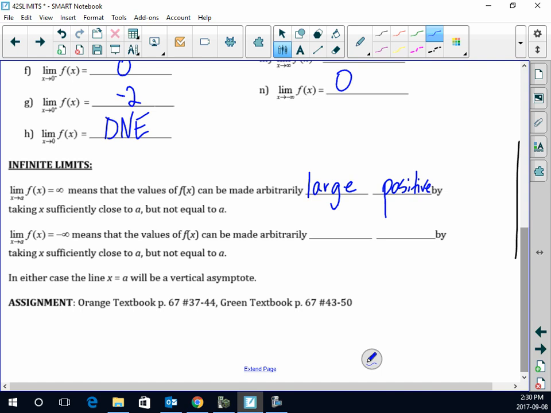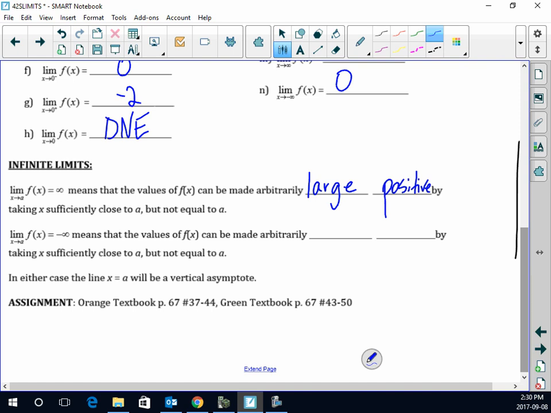I guess the biggest thing you have to get out of this is that infinity is not an actual number, right? It's a concept that means, like positive infinity means it's very large positive numbers, right?